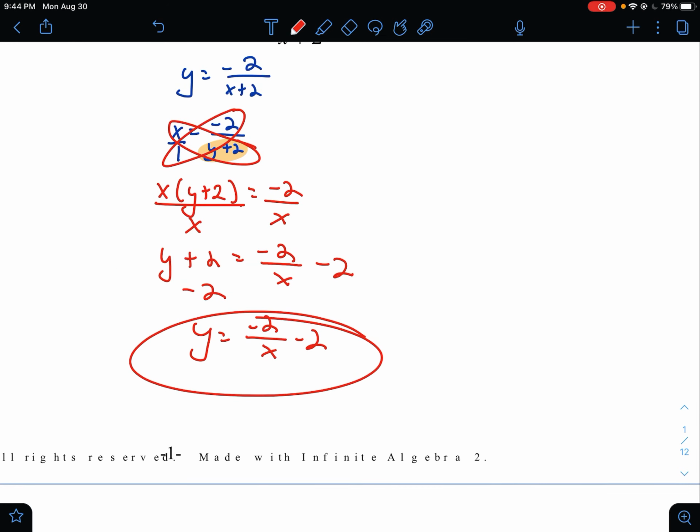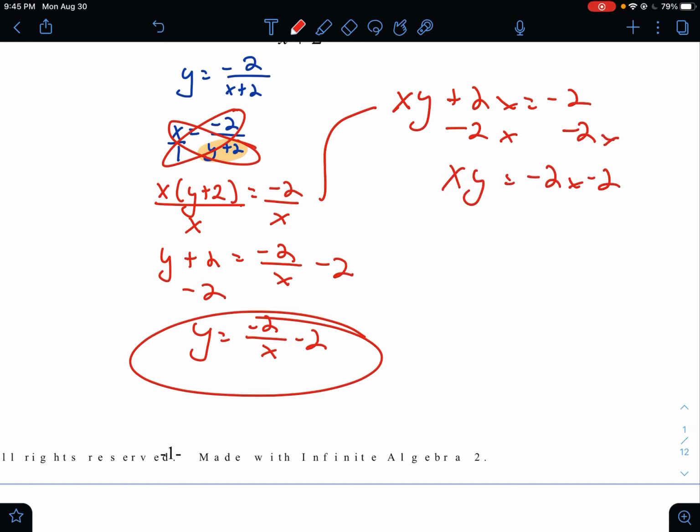Technically, if you had distributed that x, which really isn't the end of the world, and you didn't know any better, you'd have xy plus 2x equals -2. You can solve that as well. You would do minus 2x, and you get xy equals -2x minus 2.